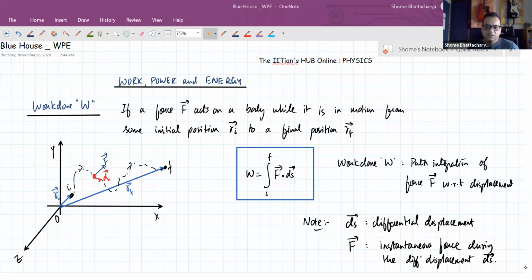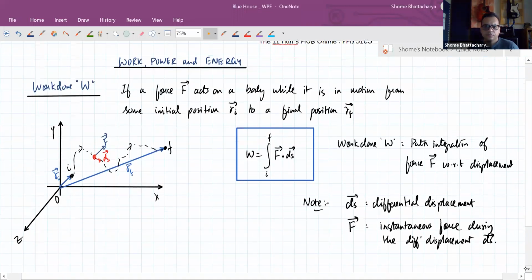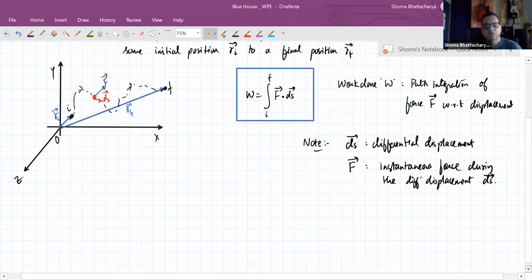Let us understand this with a quick example. Suppose we have this situation.